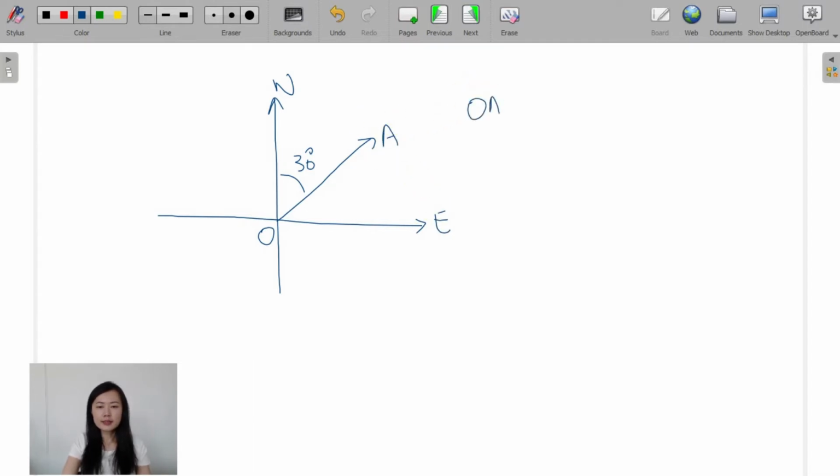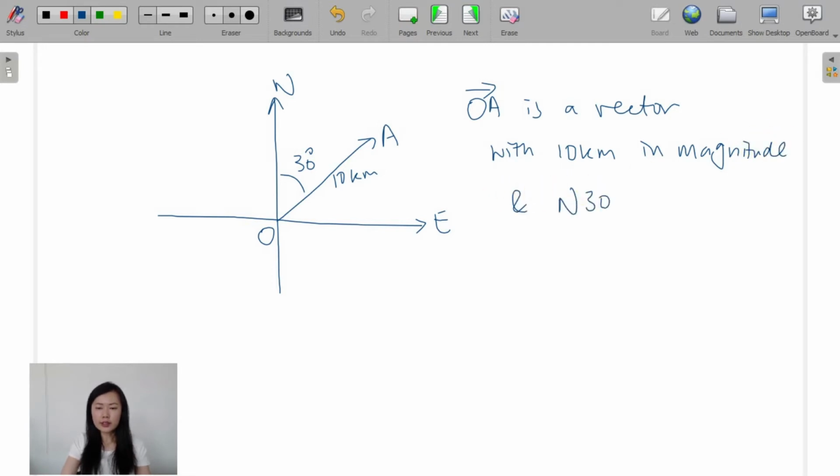I'll say vector OA is a vector. So remember, magnitude and direction. Let's say it's 10 kilometers. So it's a vector with 10 kilometers in magnitude and north 30 degrees east in direction. All right, so that's all we really mean.